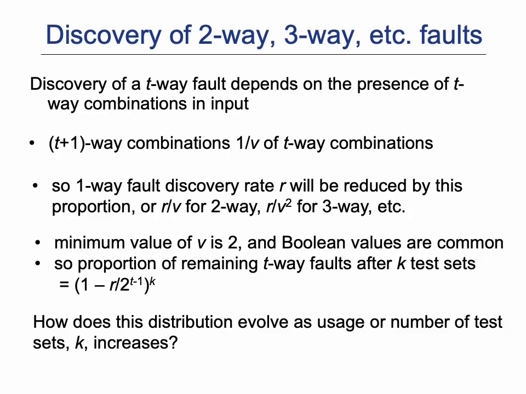So if we do that, then we can look at how the distribution evolves as we run more tests or exercise more inputs in practical use. And we'll look at that and see how that compares with the empirical data.